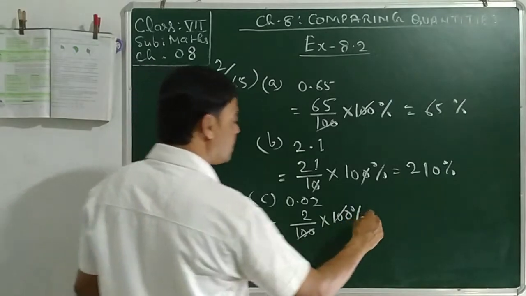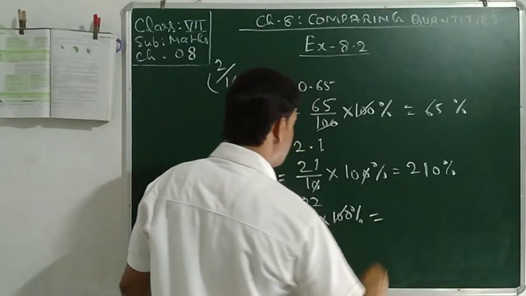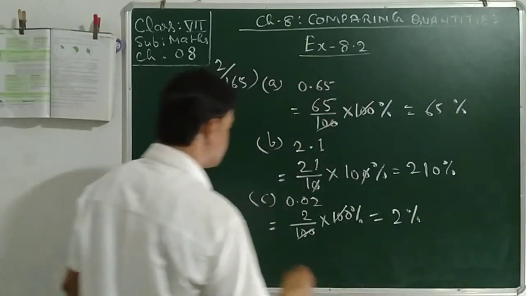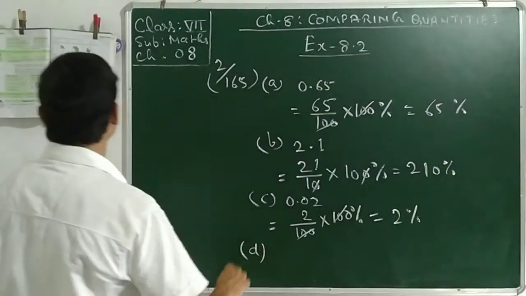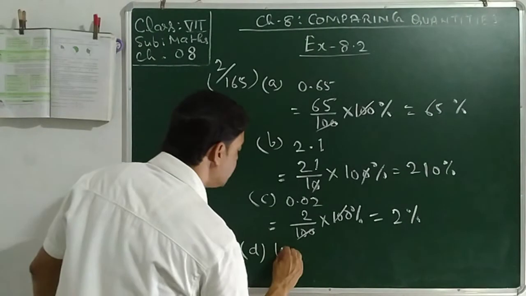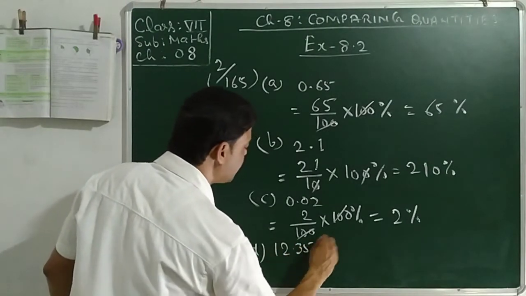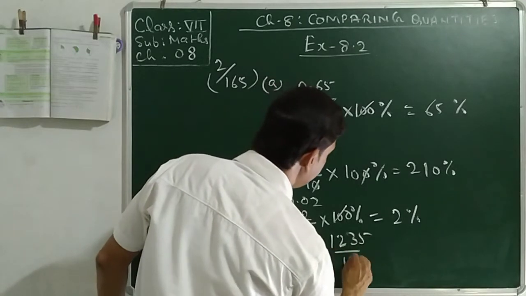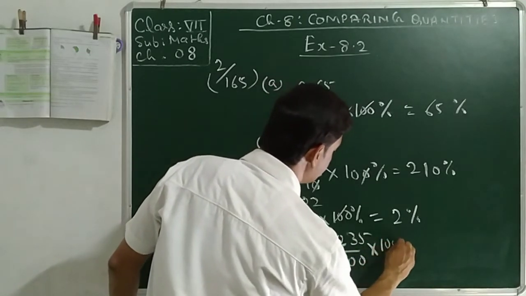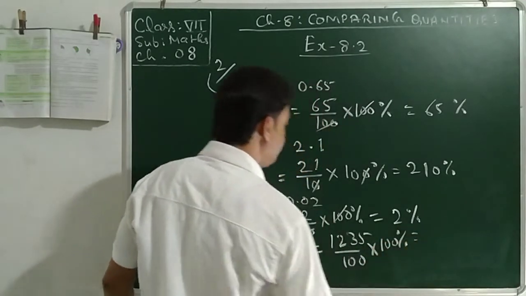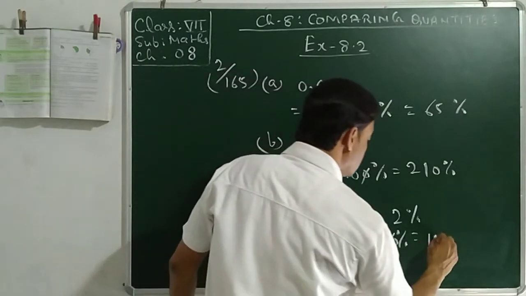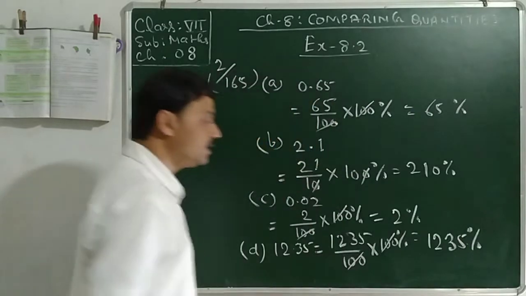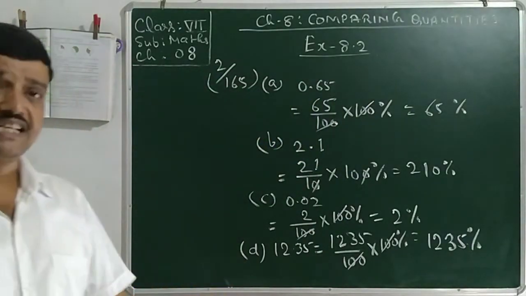Of course, 100 are cut off, you got only 2%. And in the D number also 12.35 can be written as 1235 by 100 into 100%. That will be equals to 1235%. Complete the 2 number sum like this.